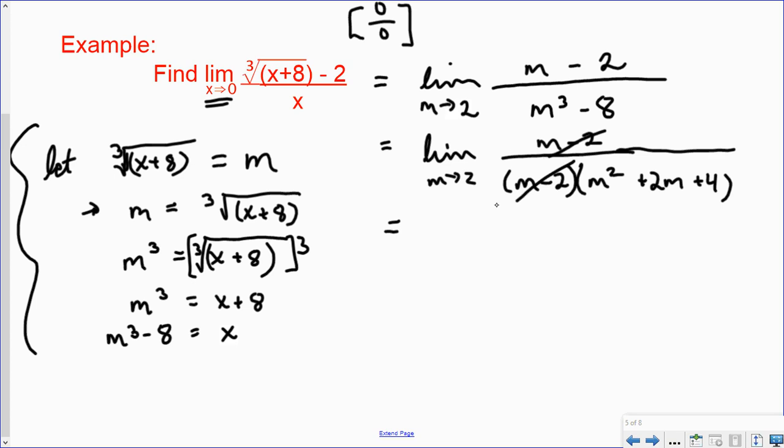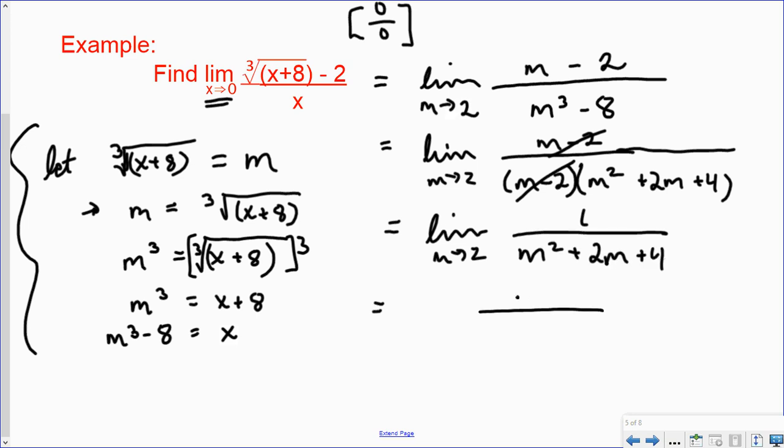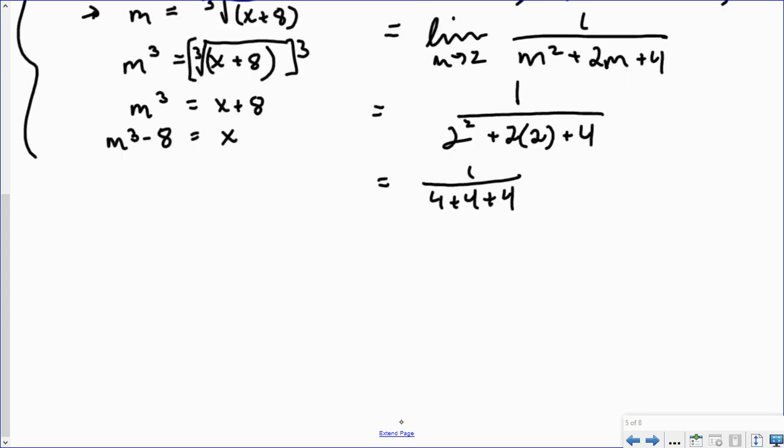It allows me to factor that, so I'm going to evaluate my limit as m approaches 2 of 1 over m squared plus 2m plus 4. And now I can do straight substitution: 1 over 2 squared plus 4 plus 4, or 1/12.